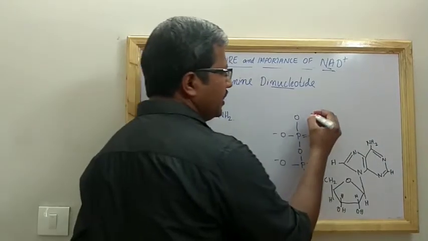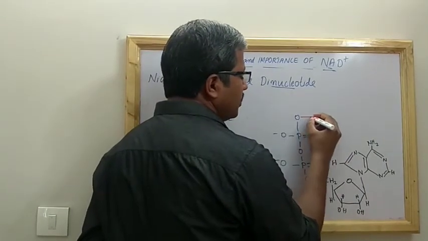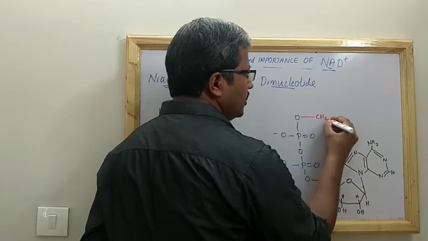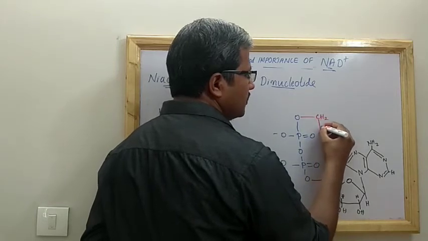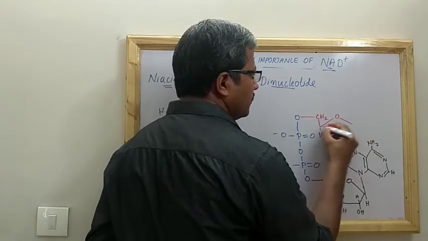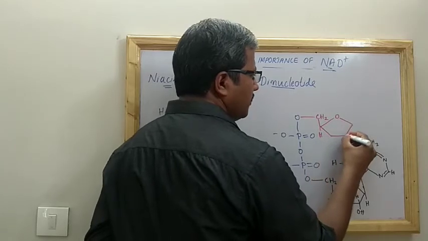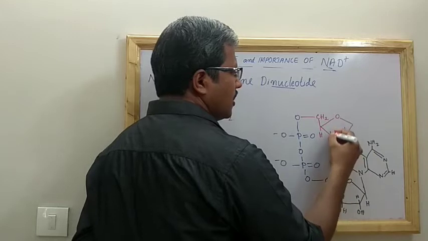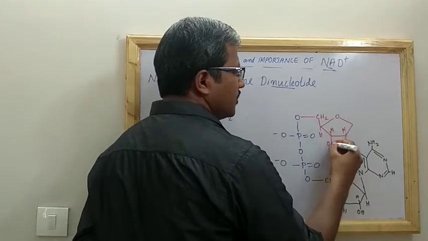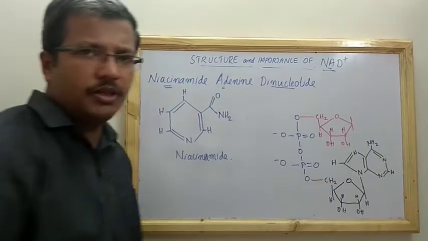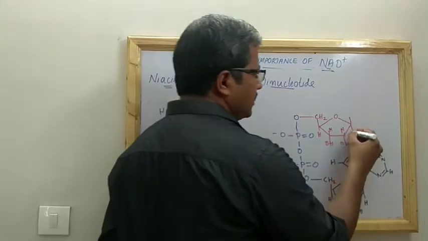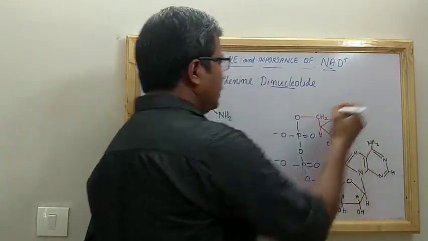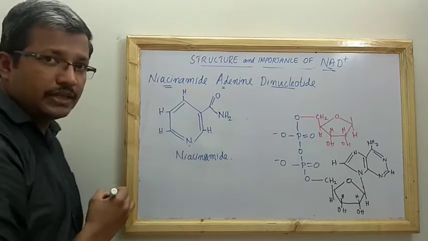Now let us see the niacinamide. There also what we need? We need a sugar molecule. Where CH2, then H, then O, the same ribose sugar, H, OH, H, OH. Now beta ribose H. Then it is linked with this particular nitrogen.